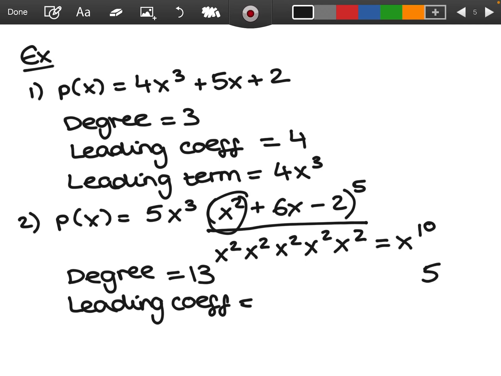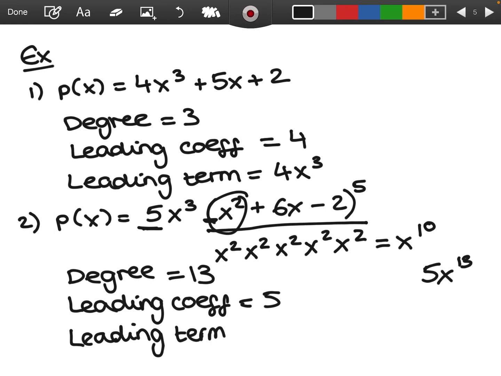So when I multiply that term by 5x cubed, I'm going to get 5x to the 13. Again, if I had another coefficient other than 1 here in front of that x squared, I would have to take that to the power 5 too before I would then multiply by the 5 here, and that would give me my leading coefficient. But right now, I just have a coefficient of 1, multiplied by itself 5 times gives me 1, multiplied by the 5 gives me 5.